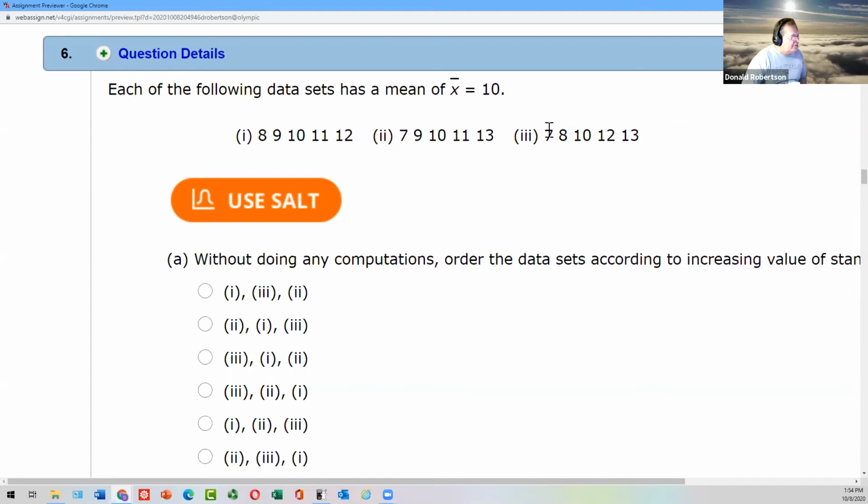And data set 3 is 7 to 13. It says, without doing any computations, order the data sets according to increasing values of standard deviation. One of these 3 data sets is less spread out than the others. Which one is less spread out than the other 2?